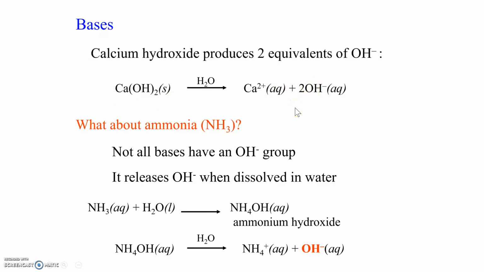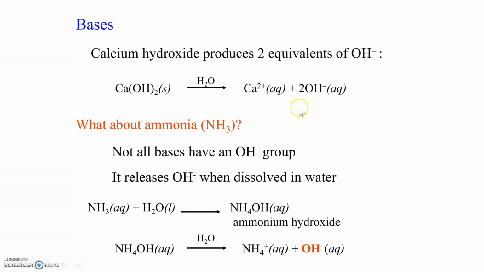And this will be important when we start looking at the concentration of acids and bases. So if you add 1 mole of sodium hydroxide to water and 1 mole of calcium hydroxide to water, the calcium hydroxide is going to produce a solution that has a higher concentration of that hydroxide ion, because for every 1 molecule of calcium hydroxide, you form 2 molecules of hydroxide.